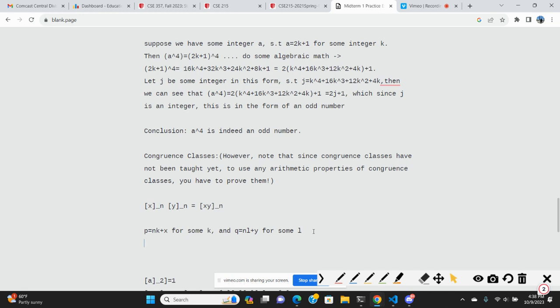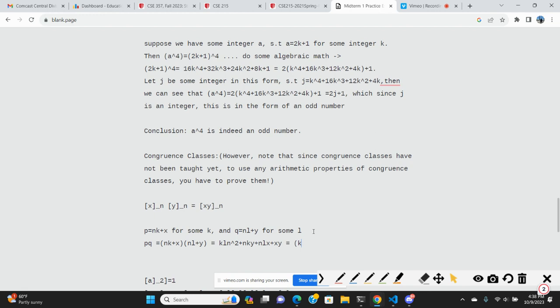So then we can write PQ is equal to (NK plus X) times (NL plus Y). This is equal to KLN squared plus NKY plus NLX plus XY, which is the same thing as if we factor out an N from the terms.